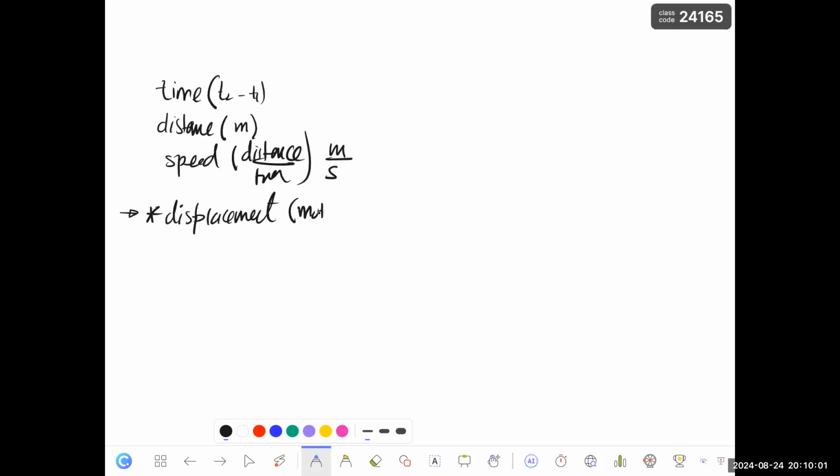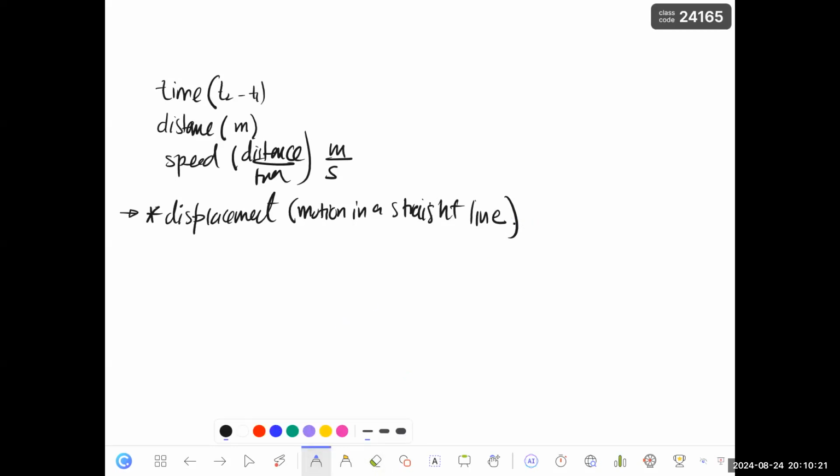Motion in a straight line, or you can call it linear motion. Okay. Motion in a straight line, or you can also call it linear motion. Okay.